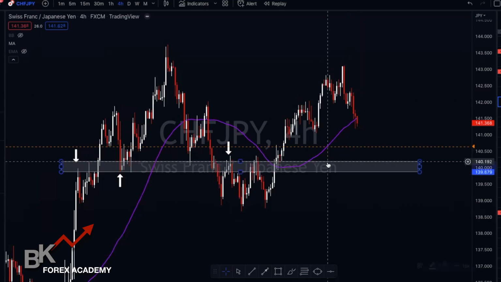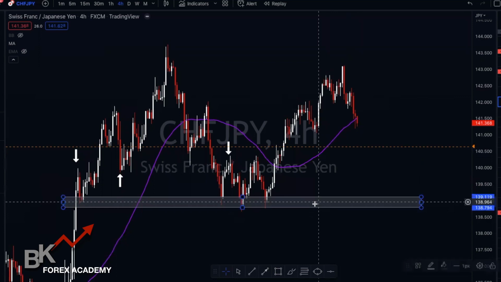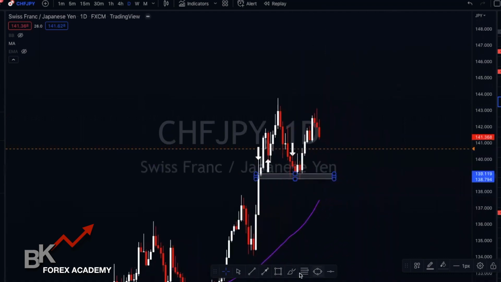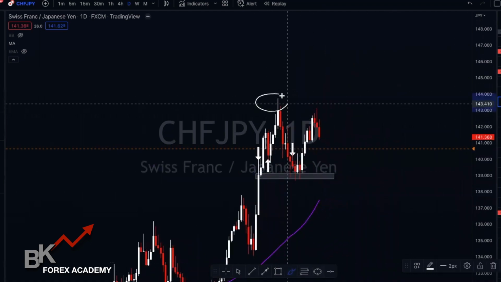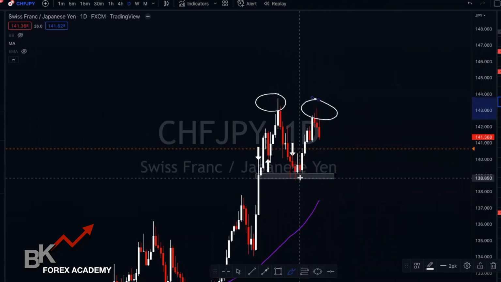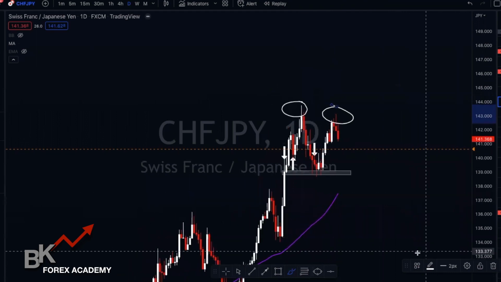You also, I would say long-term, keep your eye on this level right here at the 138.89 area. So as you can see, if we go out to the daily, you can see that this is strong support here. So this is your double top pattern. And when price breaks this neckline, we can really look to get short, which means that price will probably continue to the downside.